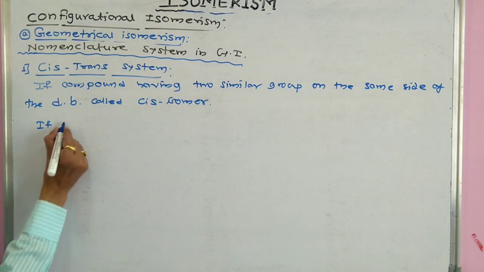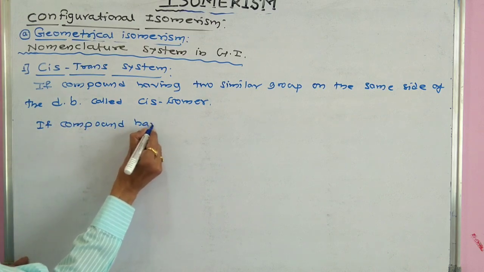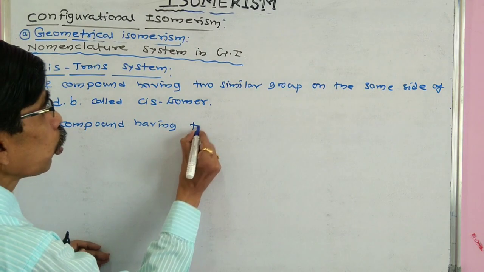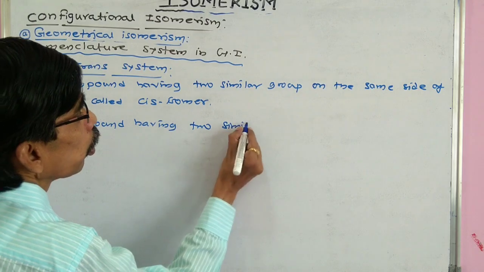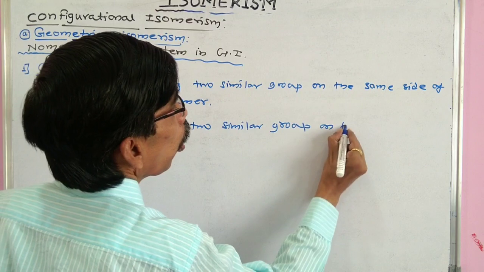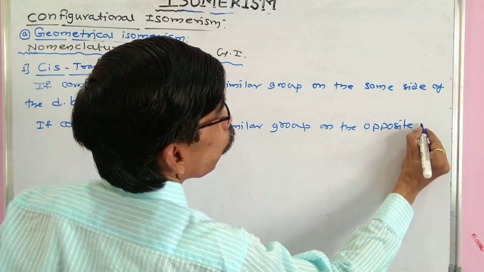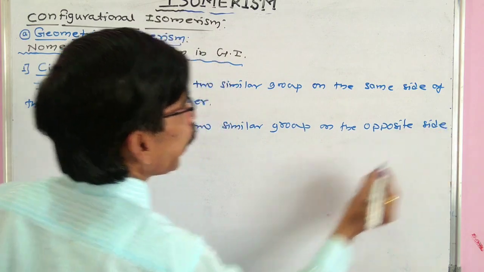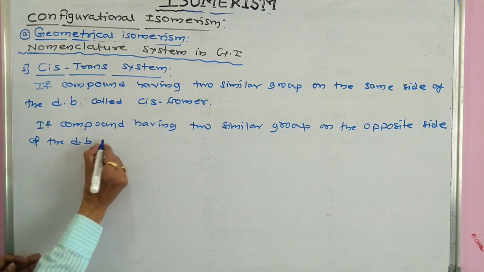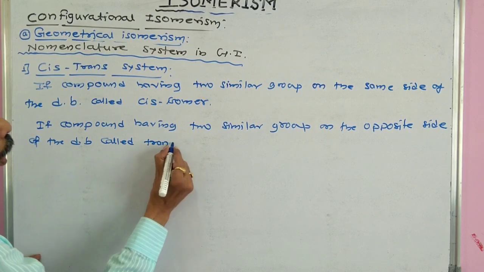And if a compound has two similar groups on opposite sides of the double bond, then it is called the trans isomer.